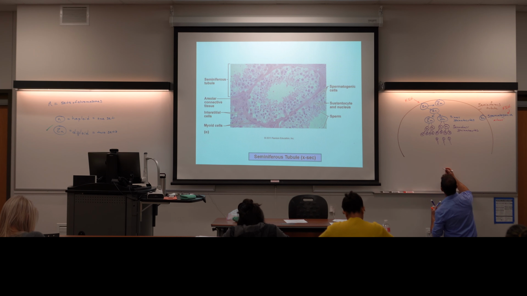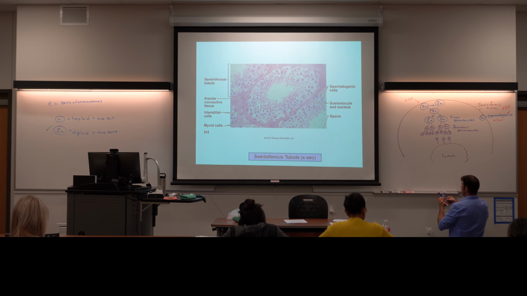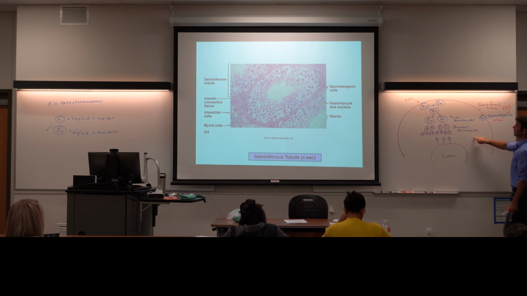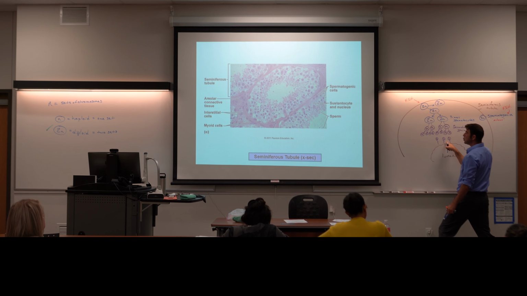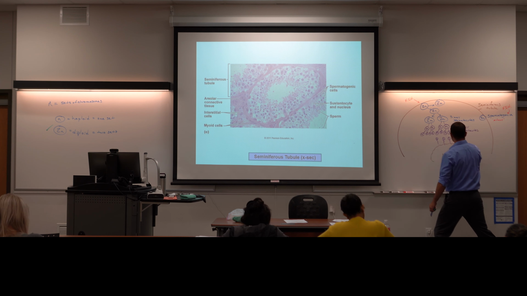Maybe there's just enough space for me to draw this lumen, the hollow center of this seminiferous tubule. And we can see the lining of this seminiferous tubule. There are several cell types that we need to be aware of. So far, we've only shown one cell type in the wall of this seminiferous tubule, and that's the cell that divides into developing sperm. We're going to call these immature sperm spermatids.